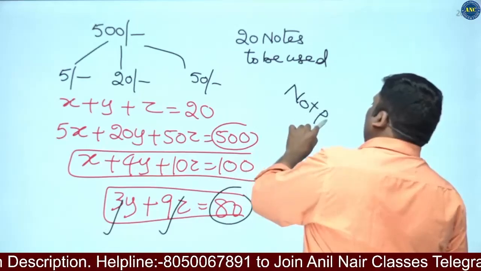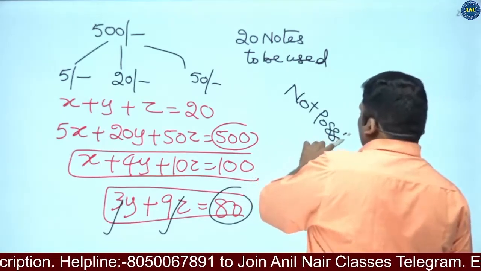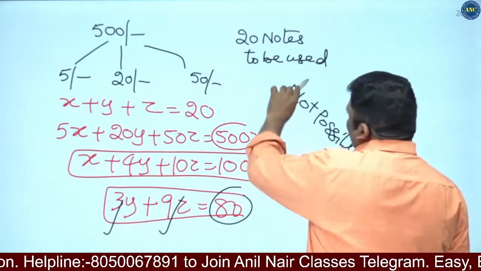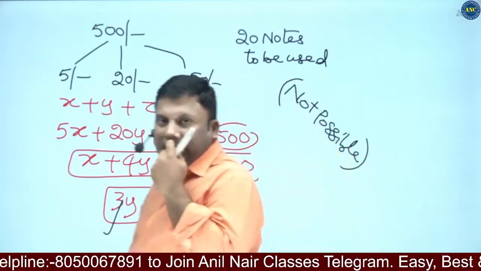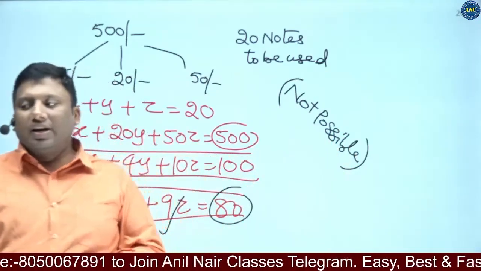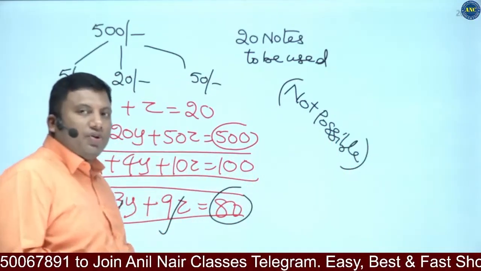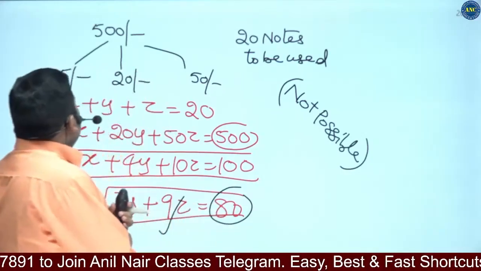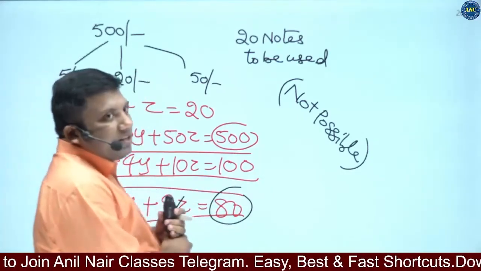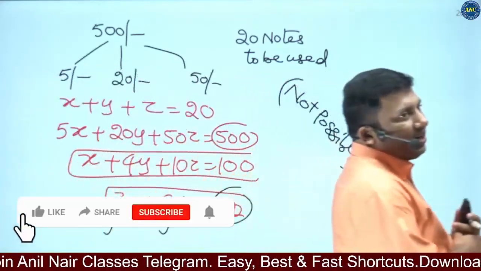A typical aptitude question which we think is a counting case, but if you think logically, it's a very, very beautiful case. 5x plus 20y plus 50z equivalent to 500.